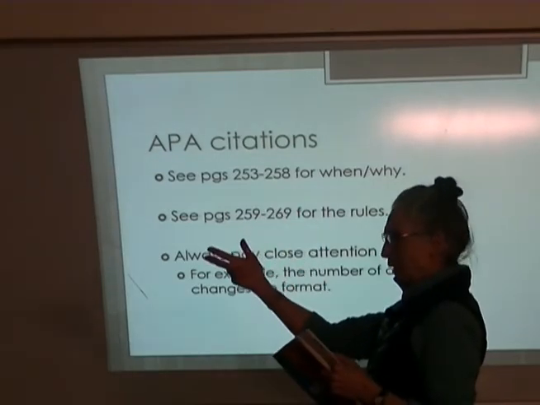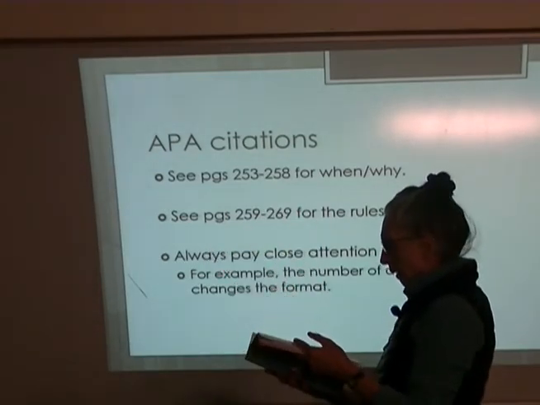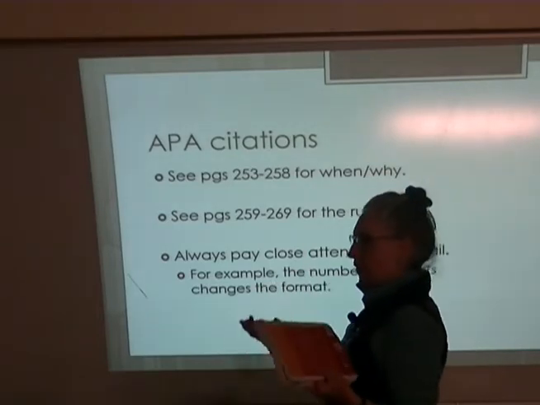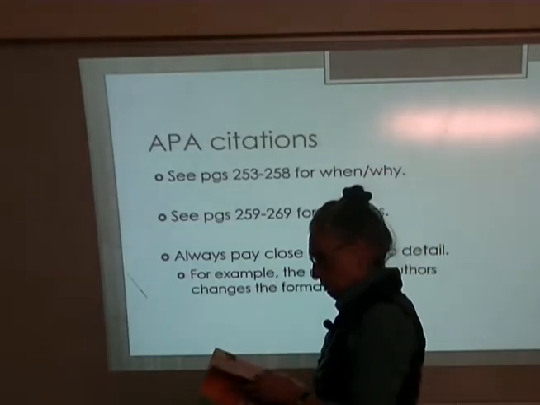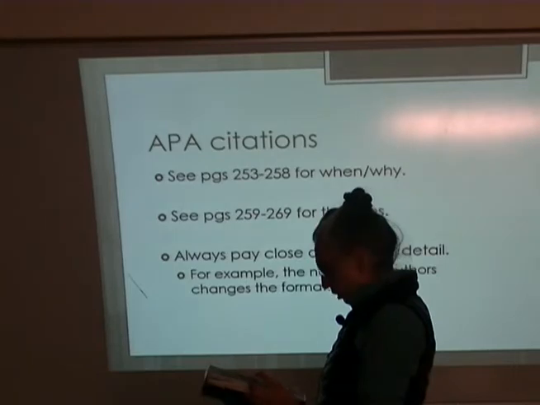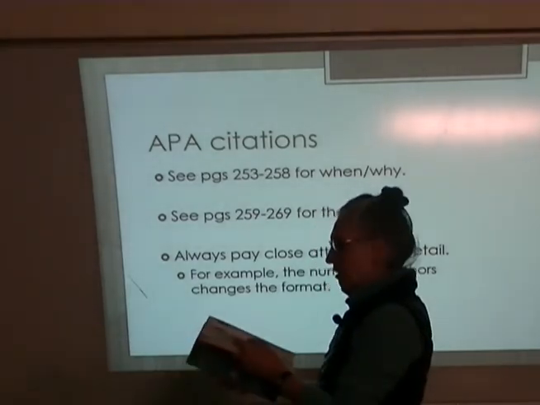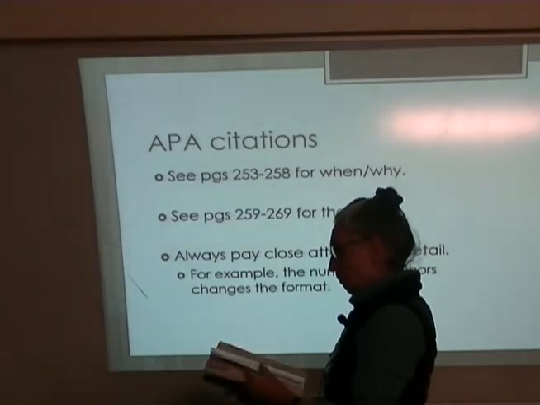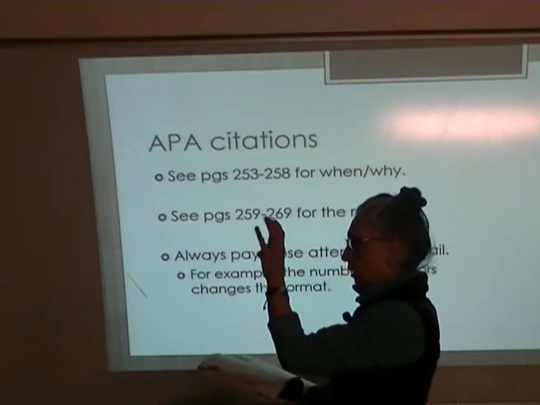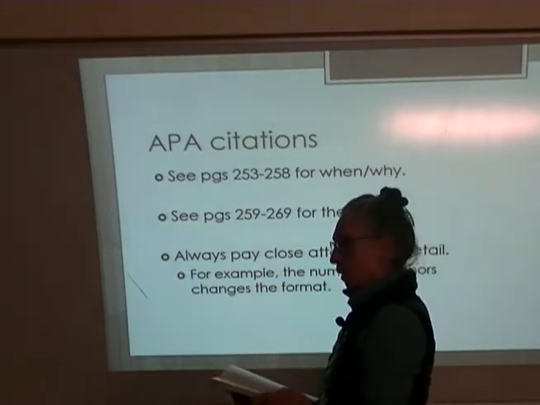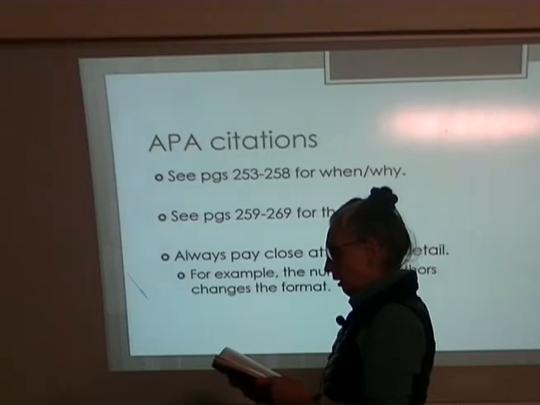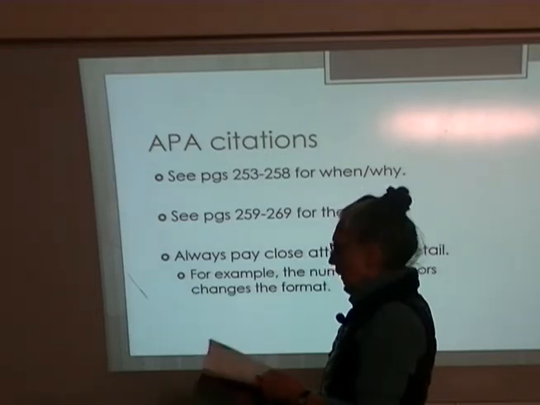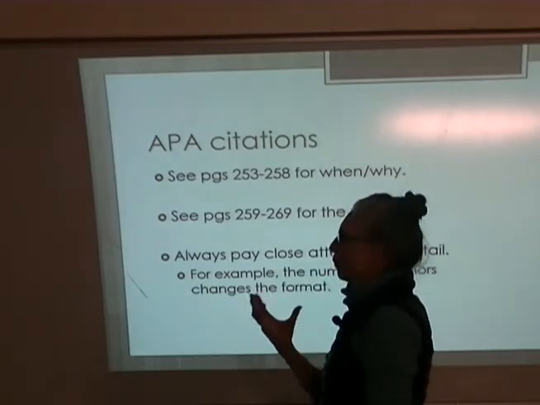Is it a newspaper article? Was it some kind of internet source? Okay? So there's lots of different types of formats, but they're not quite as changeable as the reference list ones are.